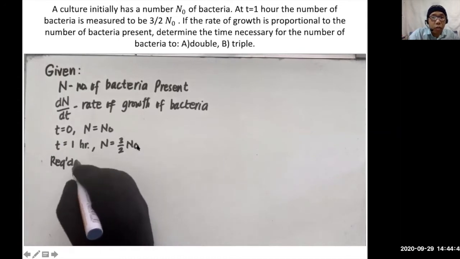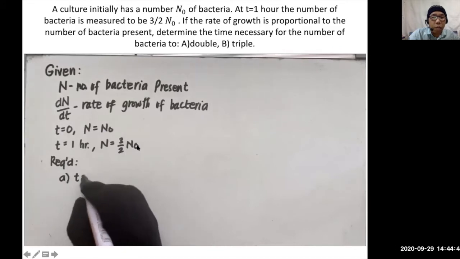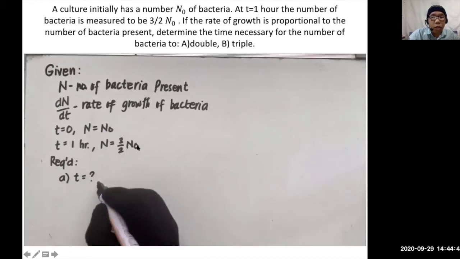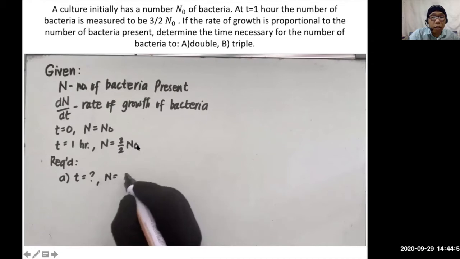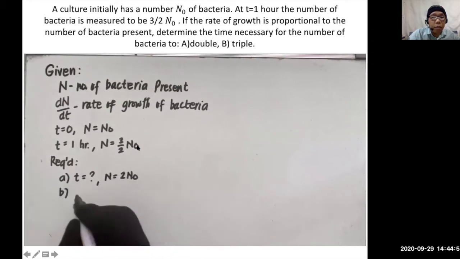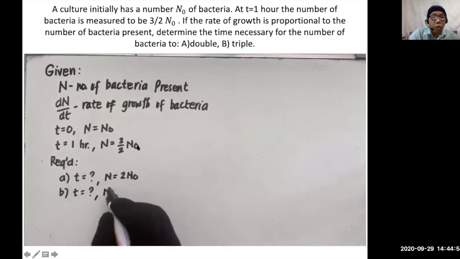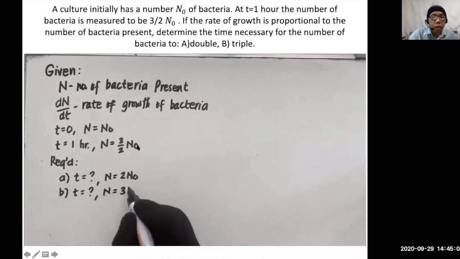You are asked to solve for the time at which the number of bacteria will double, so that's 2 times n sub 0. And letter B, the time at which the number of bacteria will triple, or 3 times n sub 0.